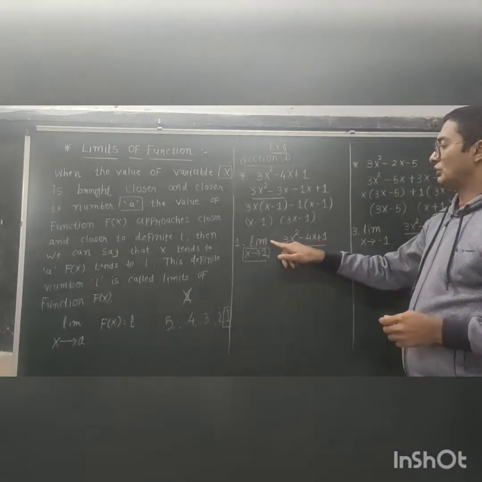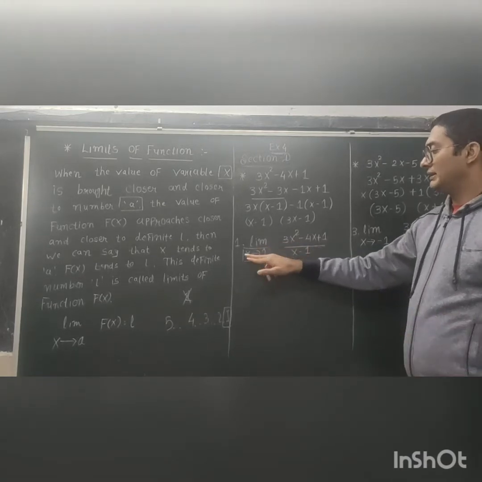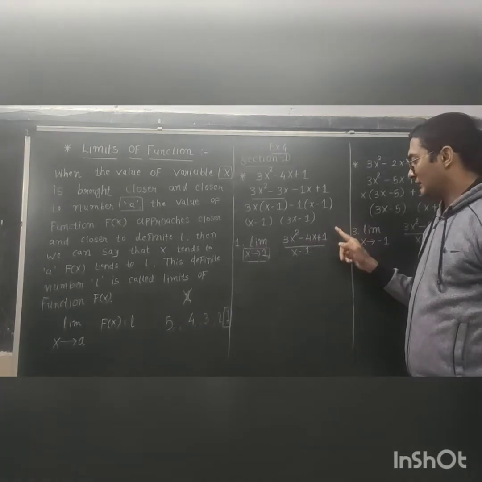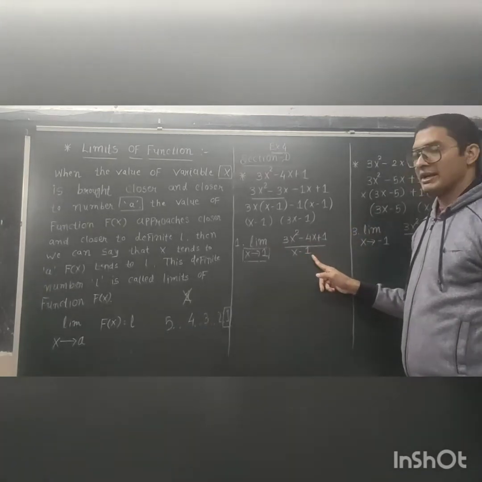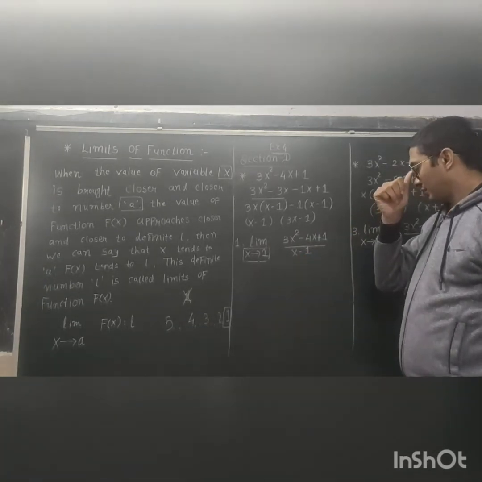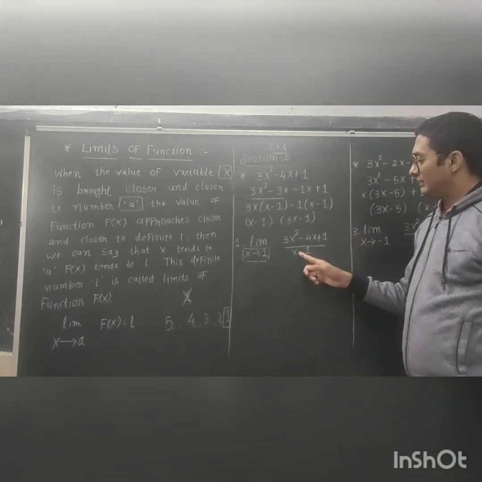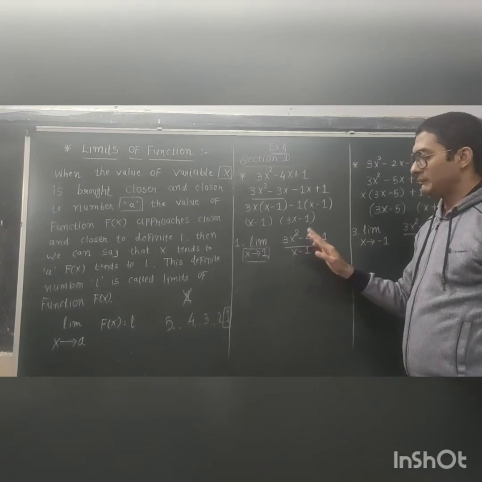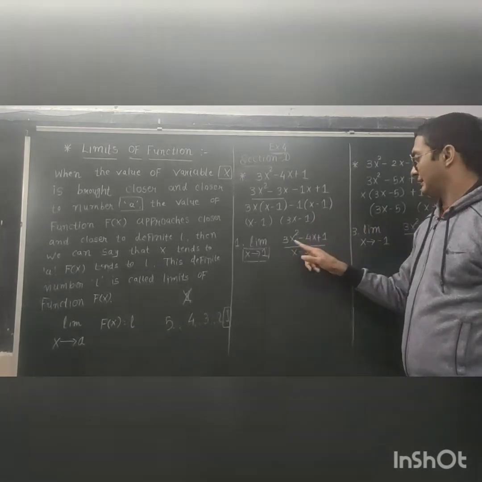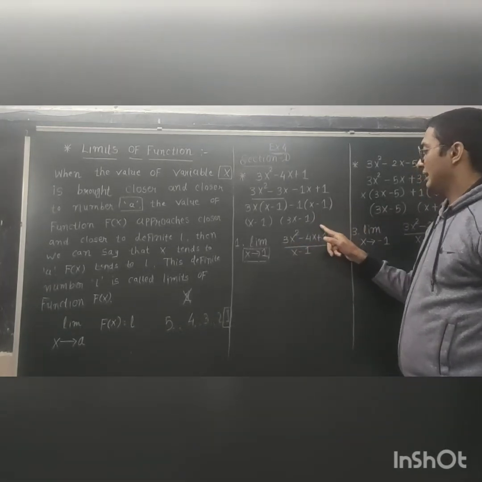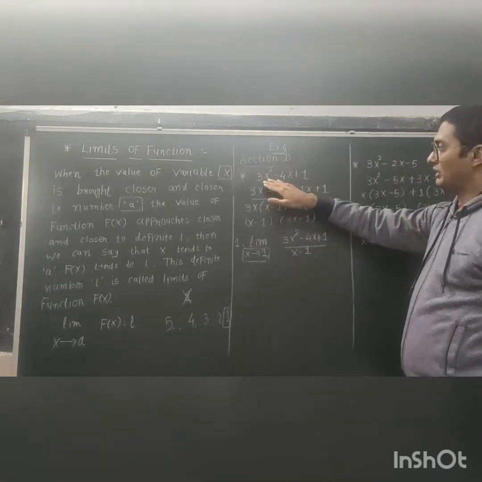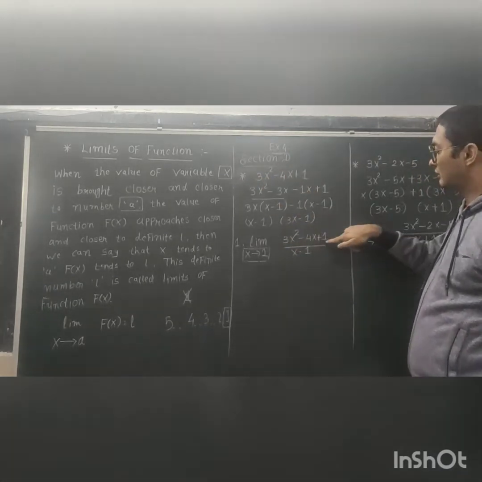Understood? So here the question is limit of x tends to 1, (3x square minus 4x plus 1) divided by (x minus 1). There is no factorization of x minus 1, so it remains as it is. But for the numerator, I have already plotted the equation on the board, that is 3x square minus 4x plus 1.